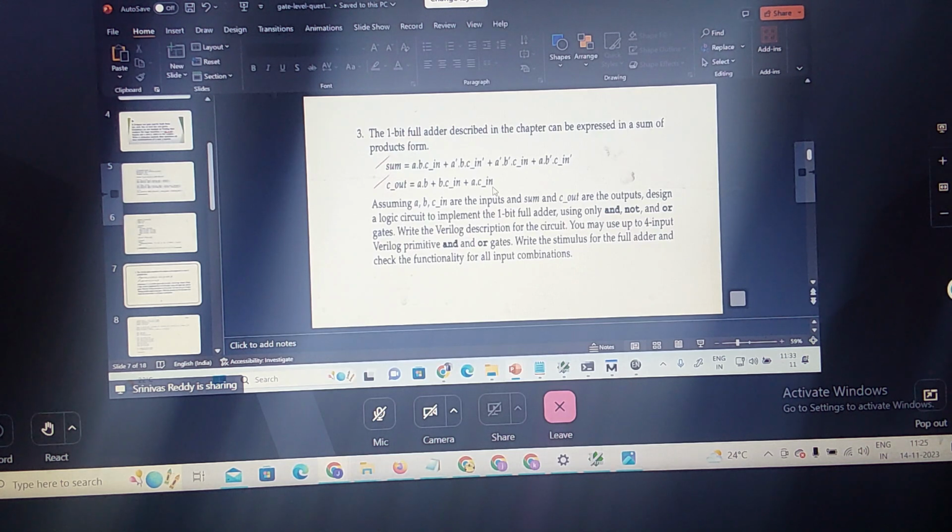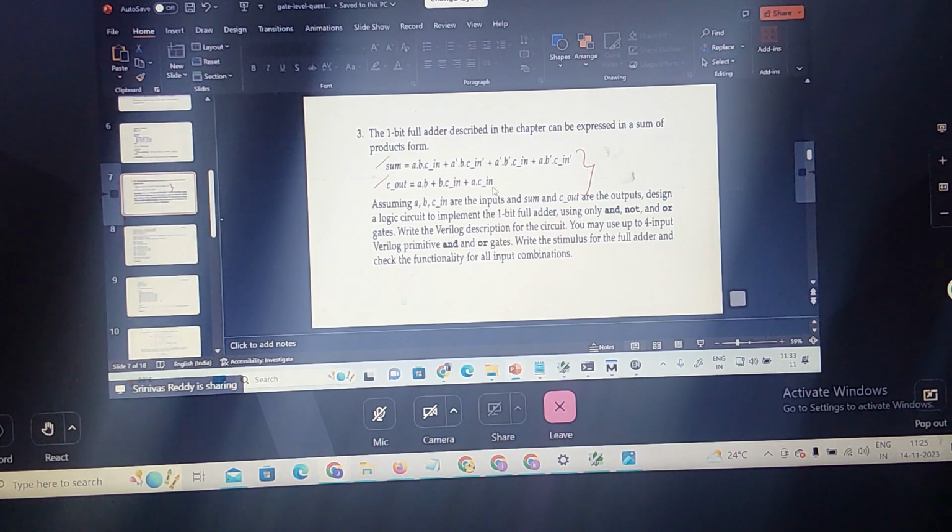But here they are asking to write using logical expressions. This is the sum Boolean expression and this is the carry Boolean expression. You can build this circuit at gate level.